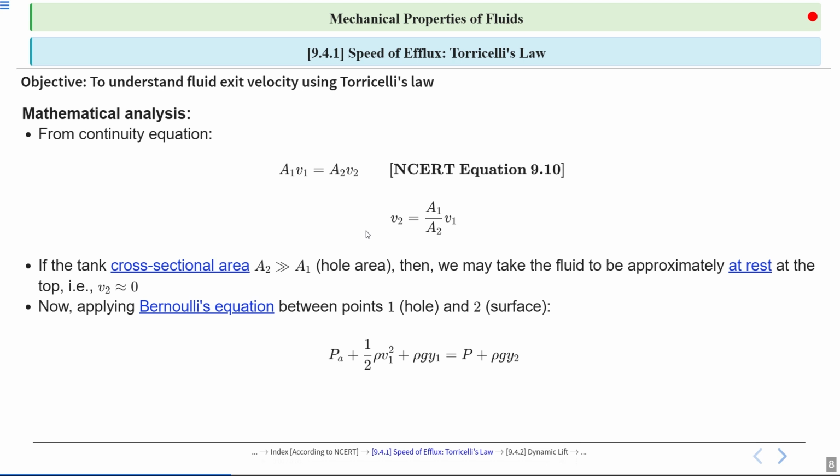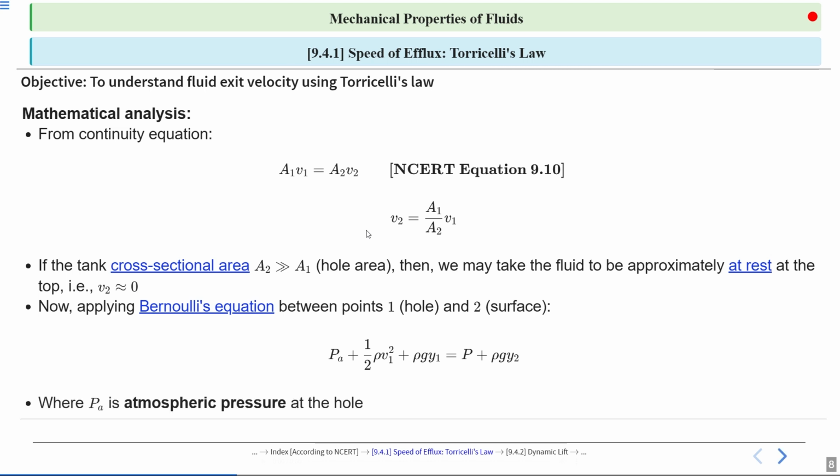Here PA is the atmospheric pressure at the hole, rho is the fluid density, V1 is the velocity at the hole, g is the acceleration due to gravity, and y1 and y2 are the heights at points one and two. Remember, PA stands for atmospheric pressure, which is the pressure exerted by the air at the hole.